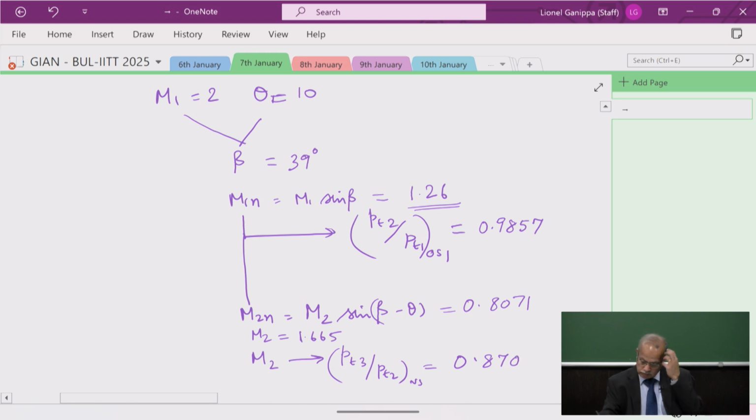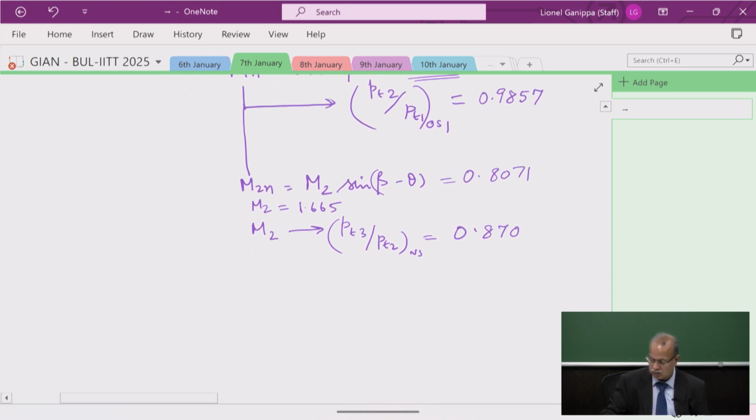Okay. Is that what everybody is getting? 0.87.